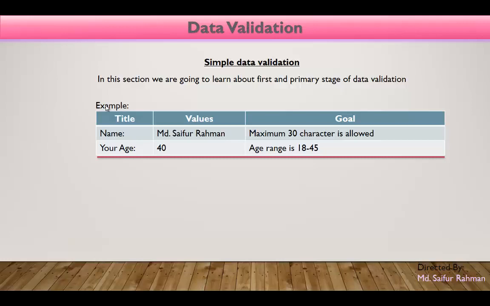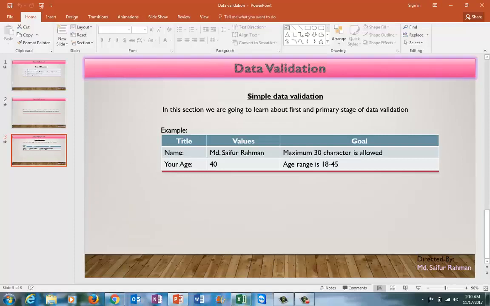If you enter anything outside this range of data, it shows an error or shows some information, or you can show that information is required in this field. Okay, so let's go directly to Excel and we will learn how this works.